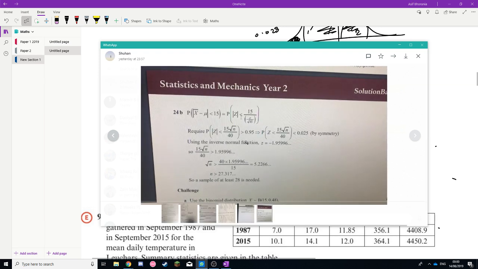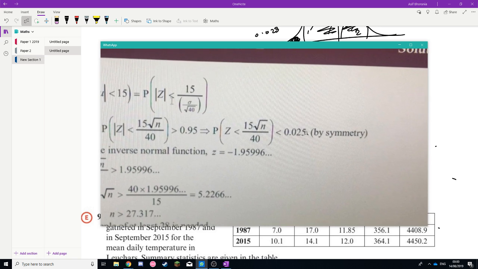The probability of mod of z being less than 15 root n over 40 is greater than 0.95, and less than 0.25 by symmetry. So this is the argument.